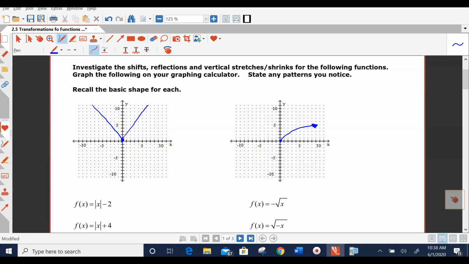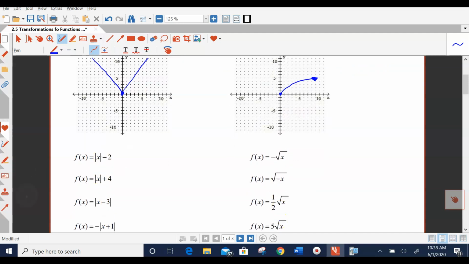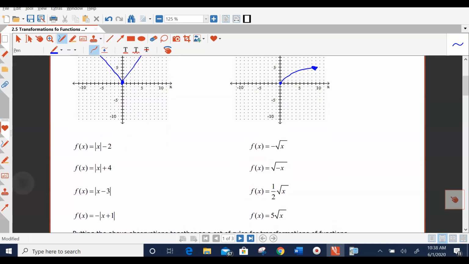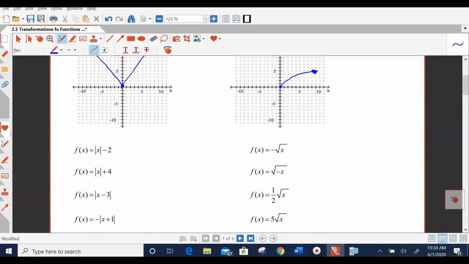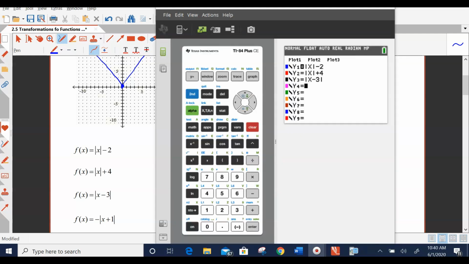Now let's use our calculator and see what happens if we graph these different versions of that parent function. So I'm going to pause it, take a second, and put these in my calculator. To put a function in your calculator to graph, always go to y equals.